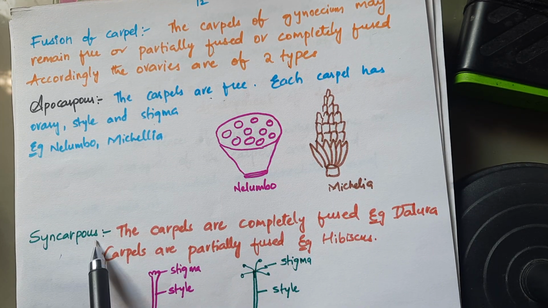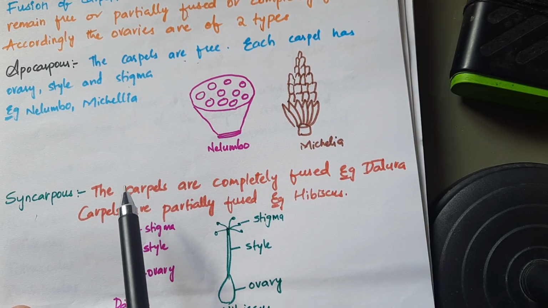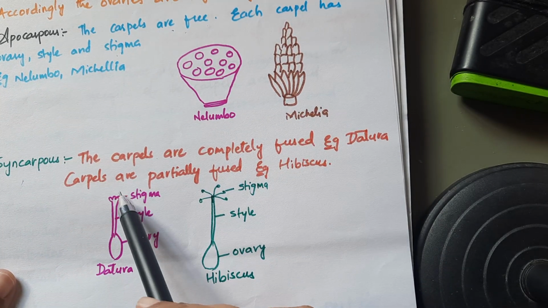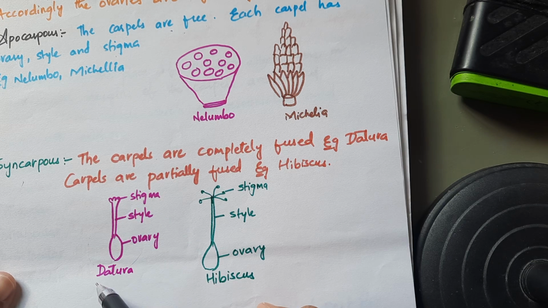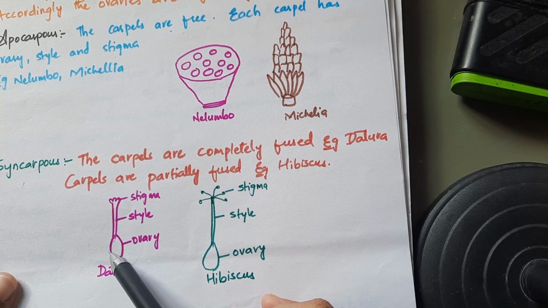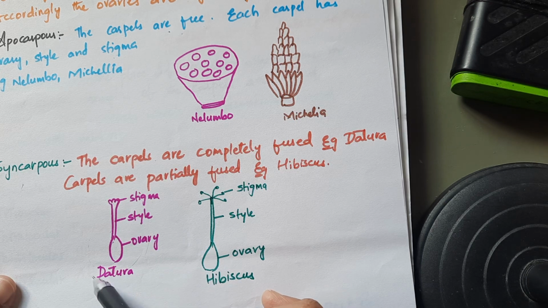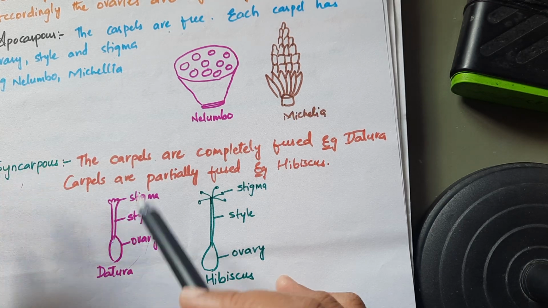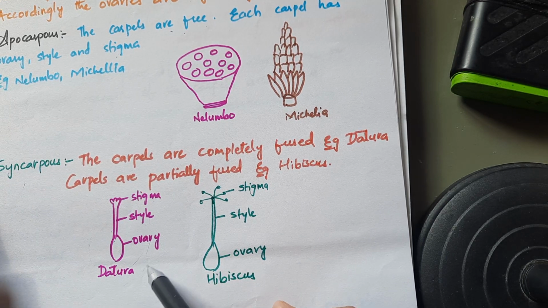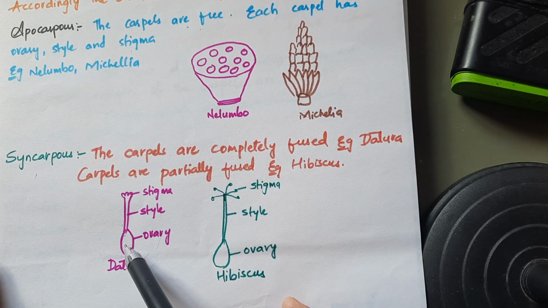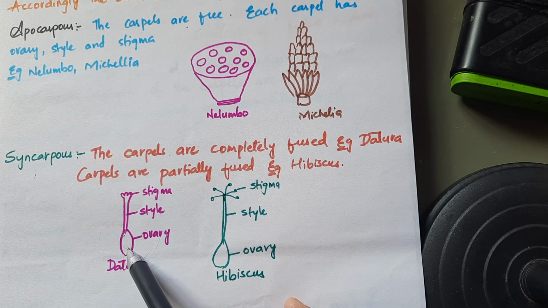Then coming to the syncarpous condition. Here the carpels are completely fused. See here, in Datura, there is a complete fusion. Many carpels are fused completely and form a structure like this. So this is not a single carpel. Many carpels are fused and form this structure.